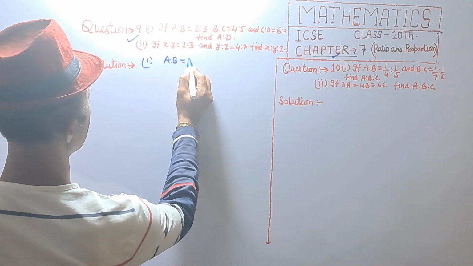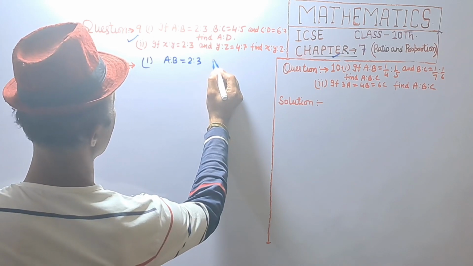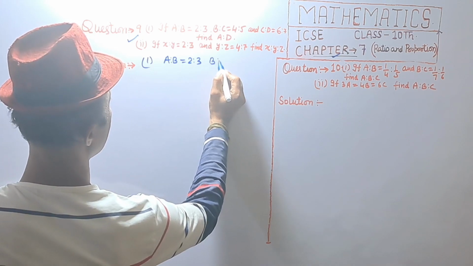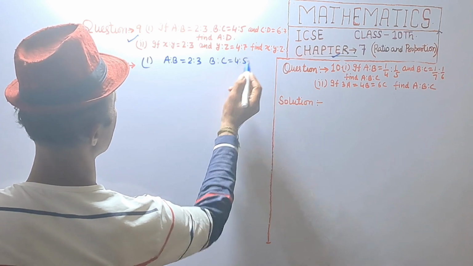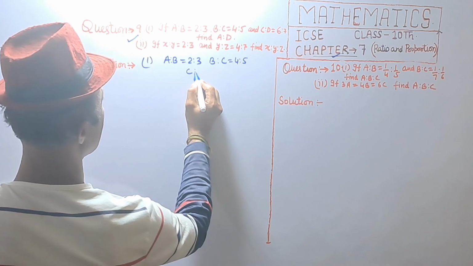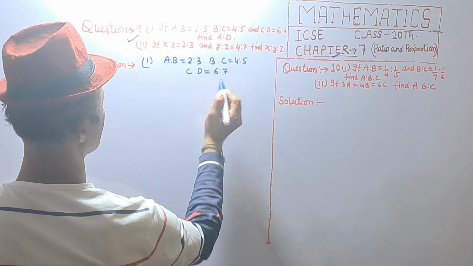A ratio B is equal to 2 ratio 3, and B ratio C is equal to 4 ratio 5. C ratio D is equal to 6 ratio 7.